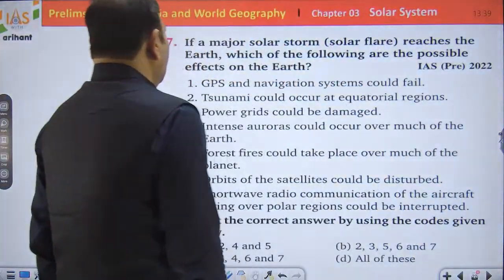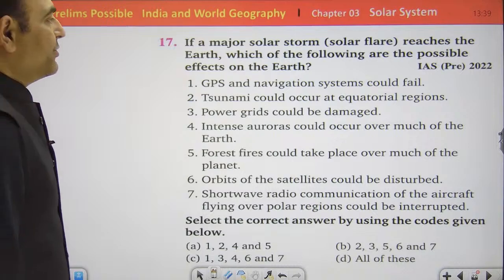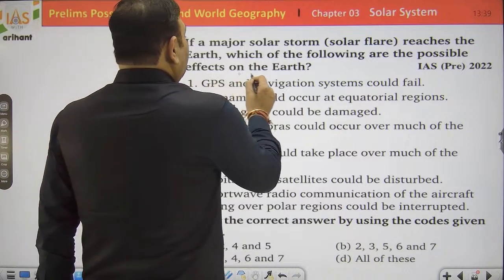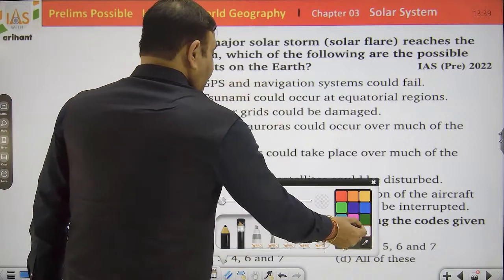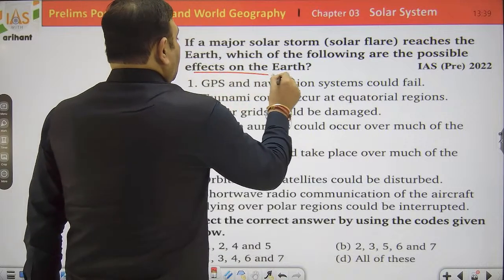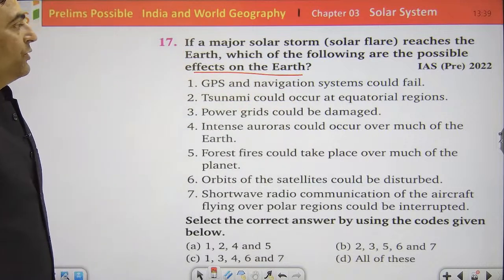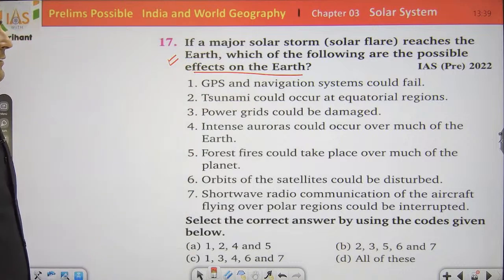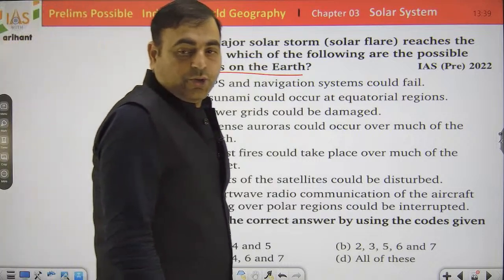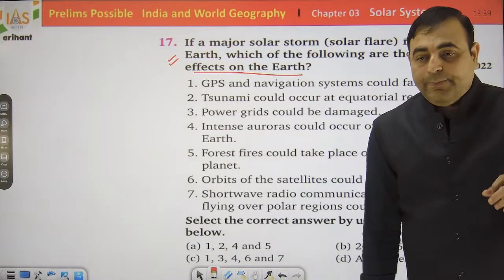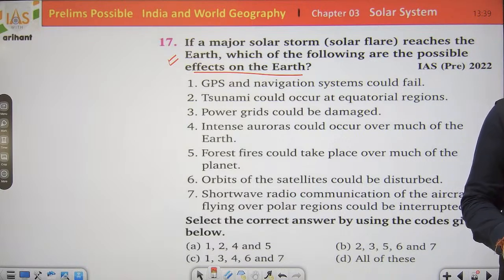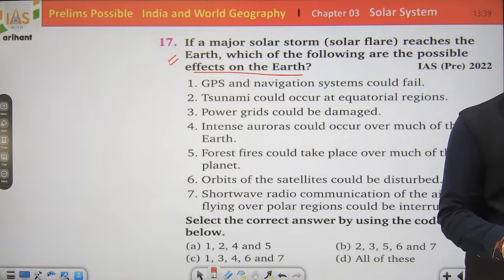If a major solar storm or solar flare reaches the earth, which of the following are possible effects on the earth? IAS Prelims 2022. GPS and navigation systems could fail. Tsunami could occur at equatorial regions. Power grids could be damaged.